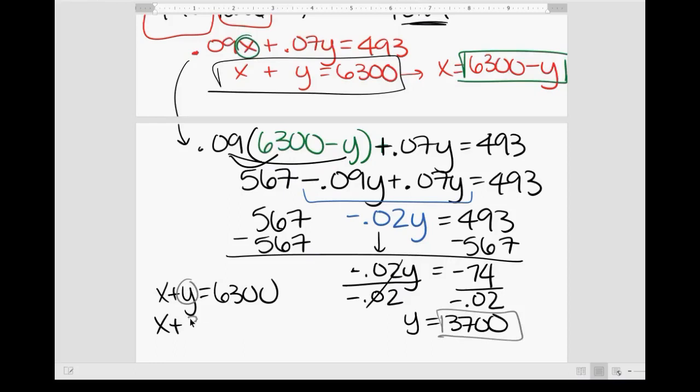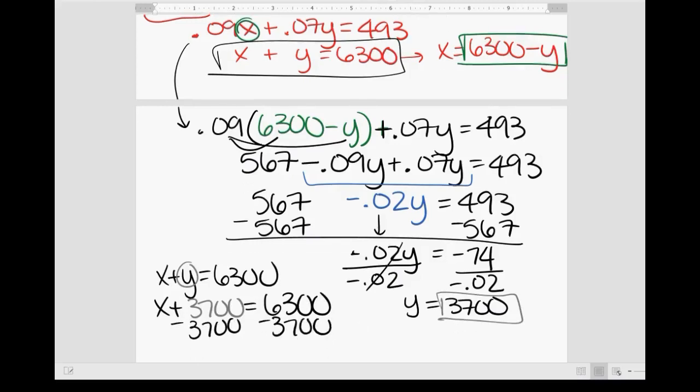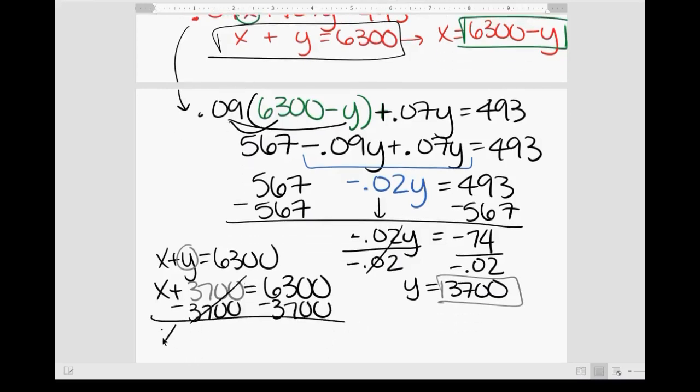X plus 3,700 equals 6,300. Subtract 3,700 to solve for x. So x equals 2,600. So what does that mean?